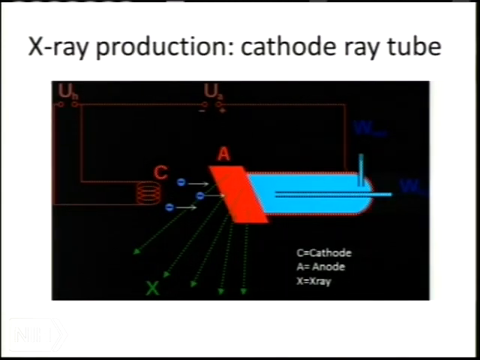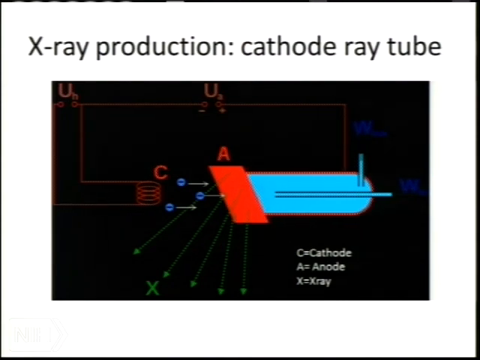So might as well start with how we get a CT scan. And it all begins with the cathode ray tube. So this device is over 100 years old. Wilhelm Röntgen sort of came up with this idea, but it's been very refined over the years.